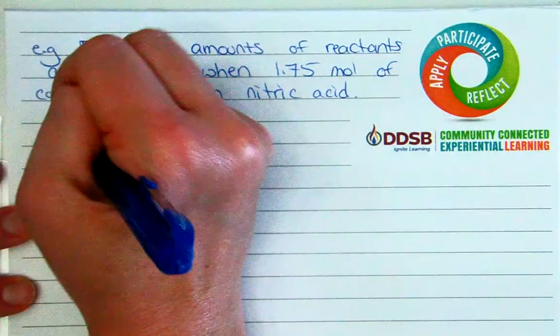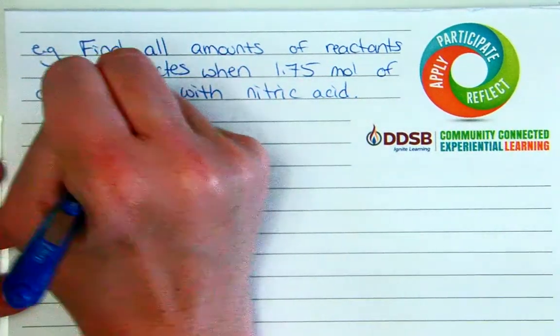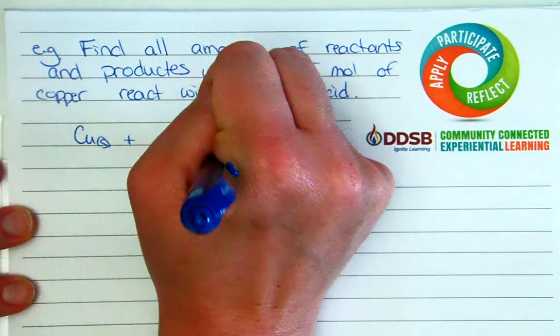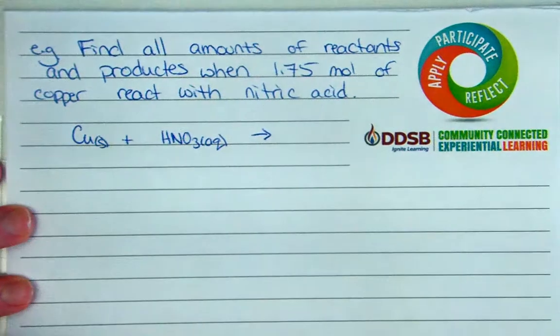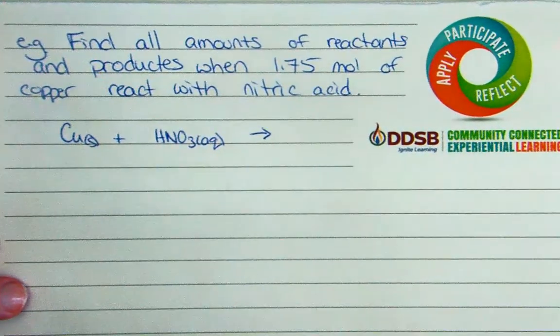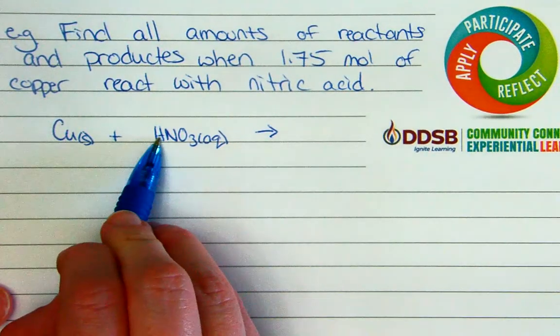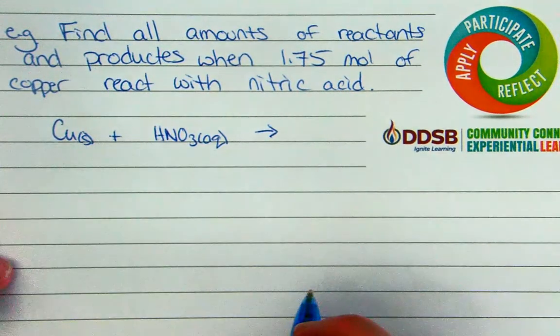When I write out this chemical reaction, I'm going to have solid copper reacting with nitric acid. Now this is a single displacement reaction. So thinking again in grade 10, we did cover this. Single displacement, copper and hydrogen are going to swap places.